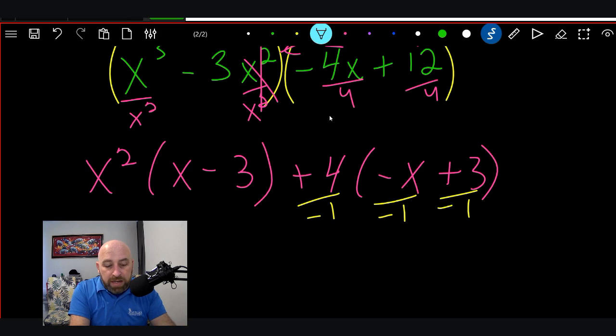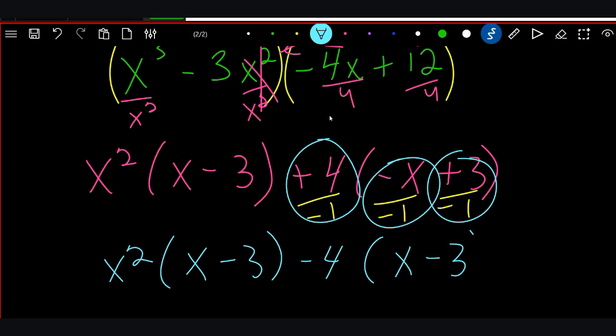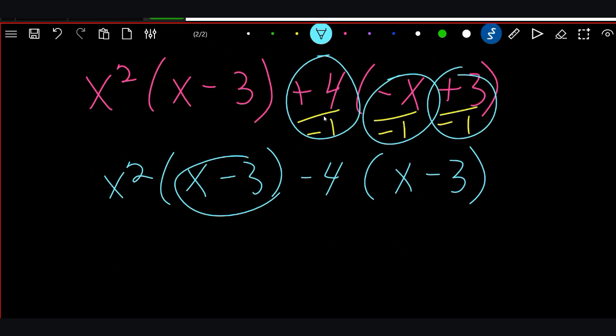And so we get x squared times x minus 3. Now look what that becomes. Negative 4. And then this becomes our positive x. And this becomes our negative 3. Now look what happened. Negative x minus 3, x minus 3. So what happens is this ends up turning to a negative sign because we had to divide everything by a negative 1 to get the sign right.